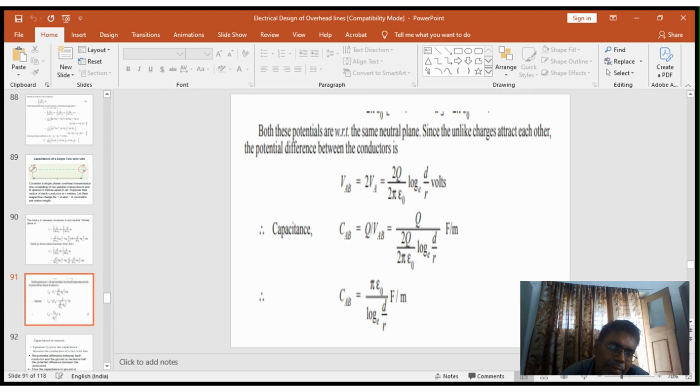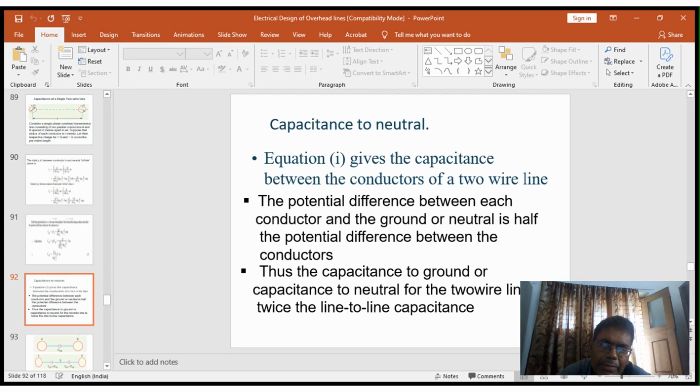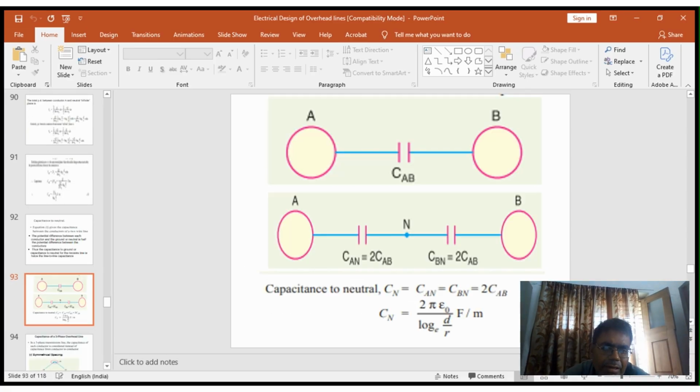Cab is equal to q divided by Vab, so C is equal to pi epsilon naught divided by ln d by r. Capacitance to neutral is double the capacitance between the two conductors. The capacitance to ground, or capacitance to neutral, for a two-wire line is twice the line-to-line capacitance.